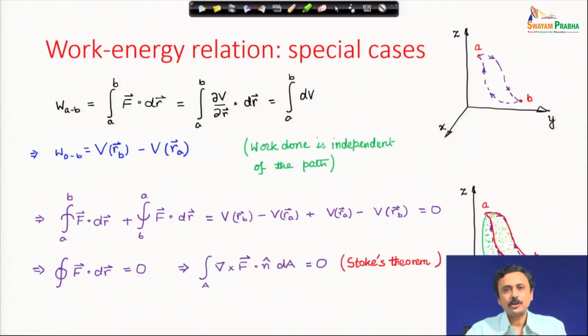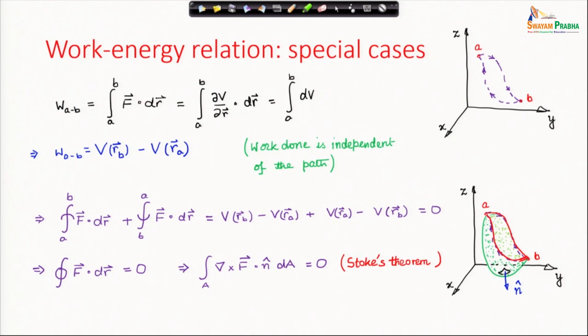Now, from Stokes' theorem, this implies that over any curved area which has these paths as its boundary, which is marked in red, red is the boundary, it is like a pouch. You can think of this green part as a pouch whose boundary is formed by this path.